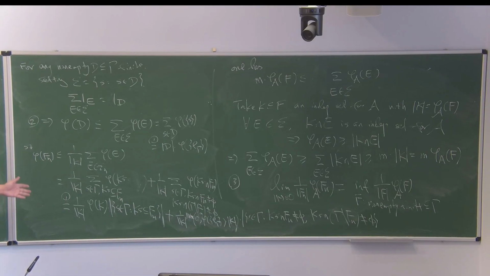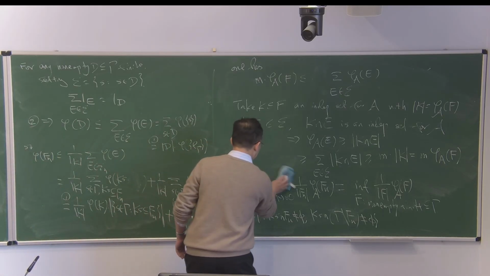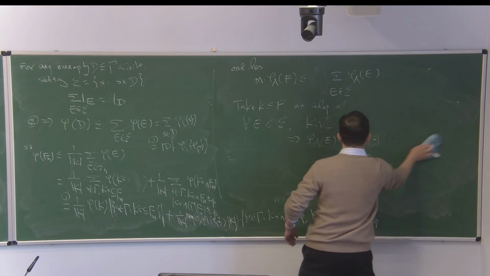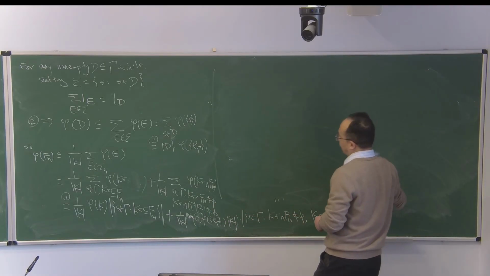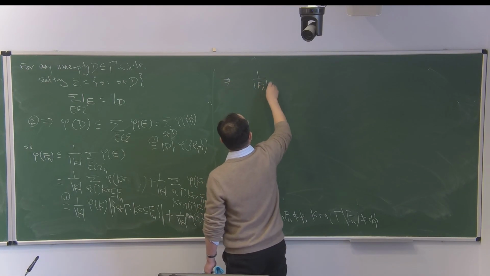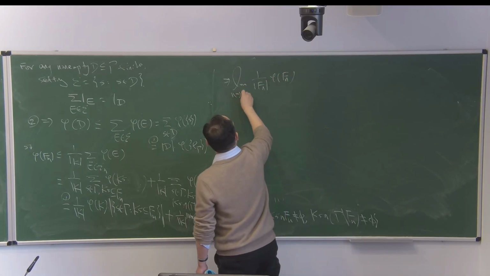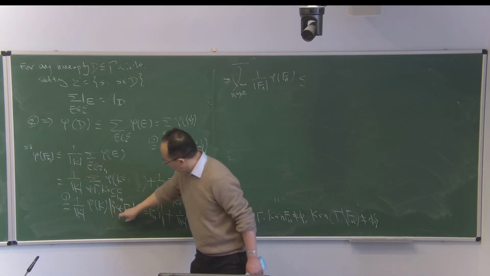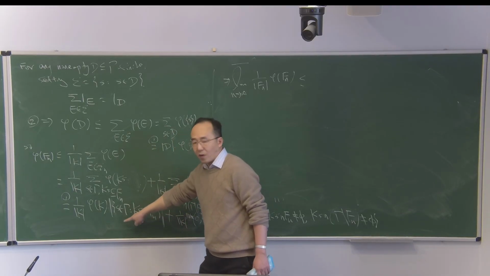Now we can just divide everything by the size of Fn, then take the limit. We divide by the size of Fn. It's well known that this just becomes 1.